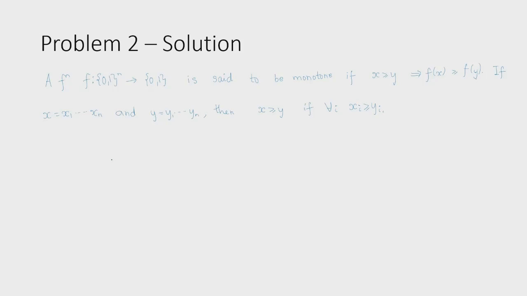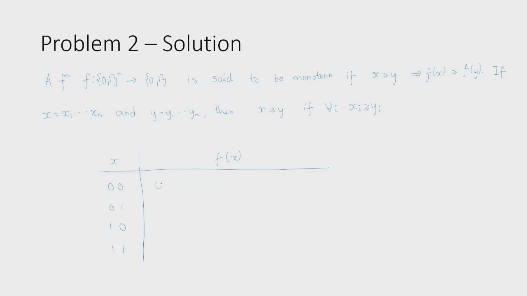So let's enumerate them. There are 4 possible strings: 00, 01, 10 and 11. Now for 00 we have two possibilities: f(00) can be 0 or 1.